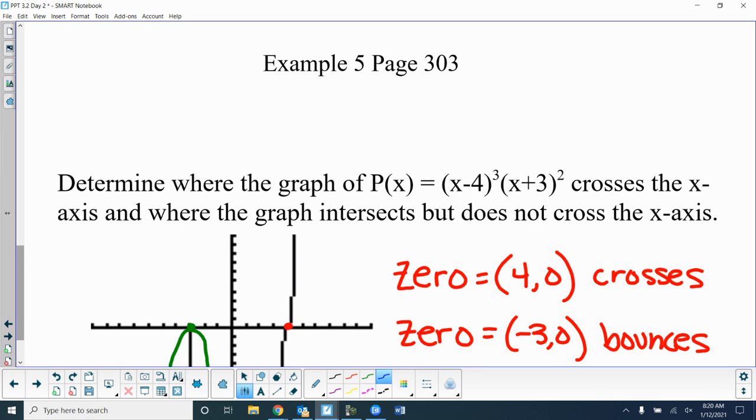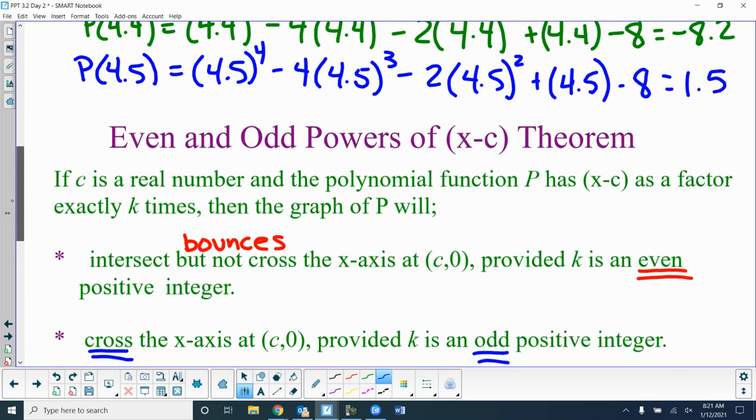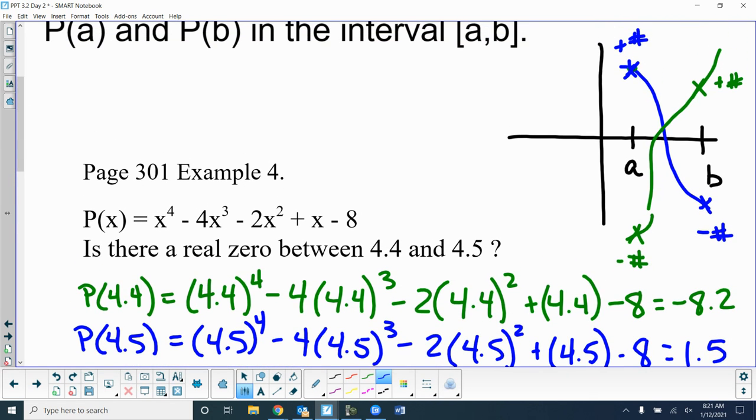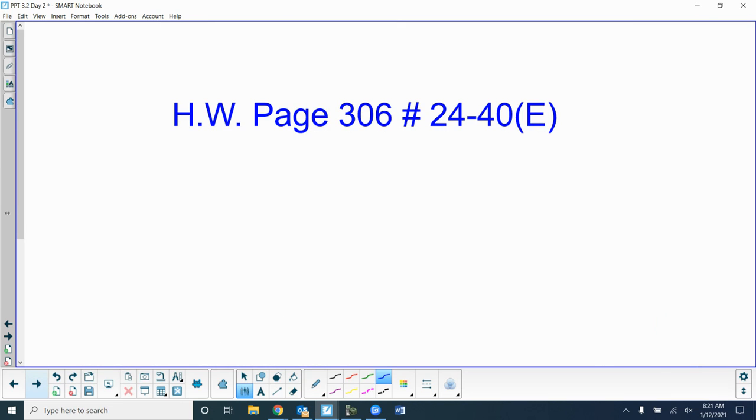Be able to tell me if it crosses or bounces at certain zeros, and be able to tell if there's a zero between two numbers, okay, because of this intermediate value theorem. All right, so there's your problems for homework tonight. So a lot of this stuff this week is using your tool, your graphing calculator, to help you answer questions.